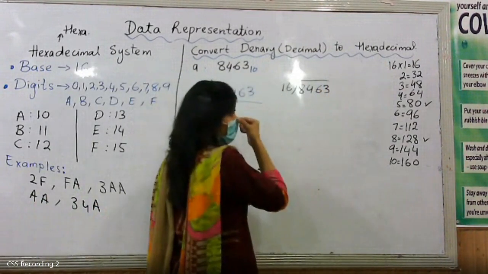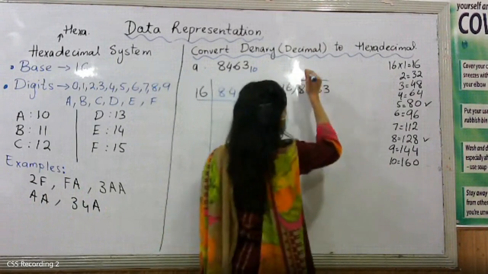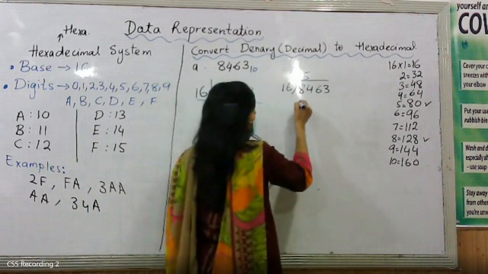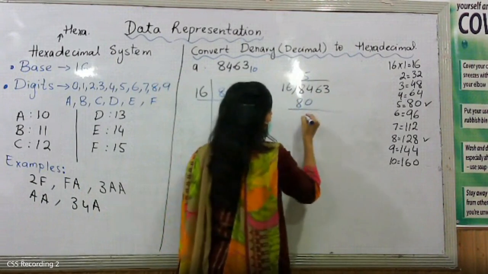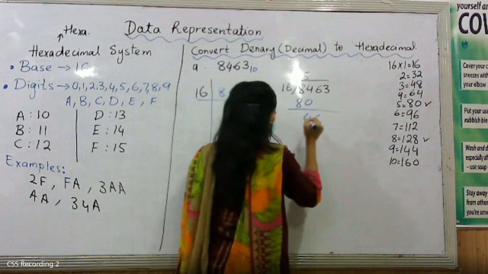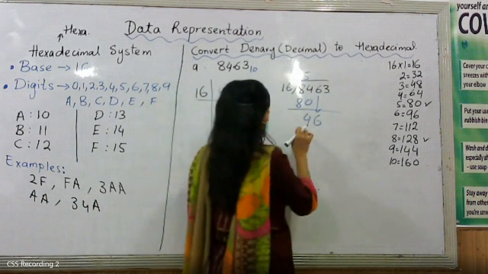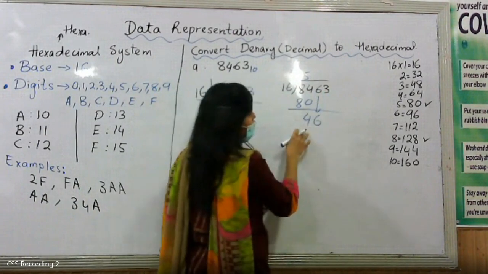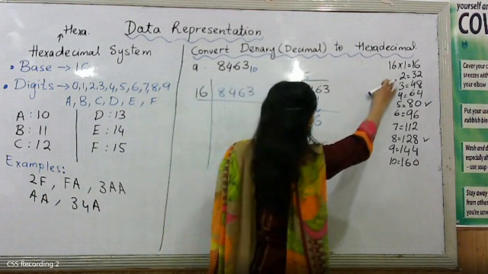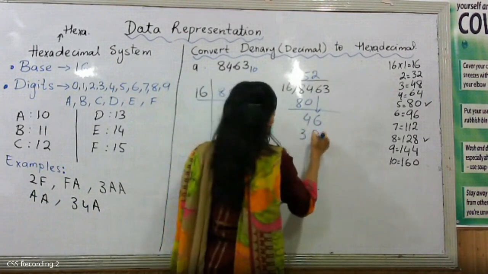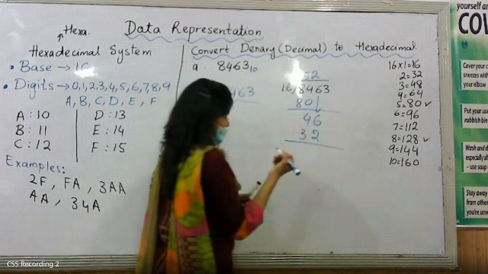First, 8: how many times 16? 16 times 5 is 80. We will get 46, right? 16 how many times, less than 46? That is 2 times. 2 times 16 is 32, right?